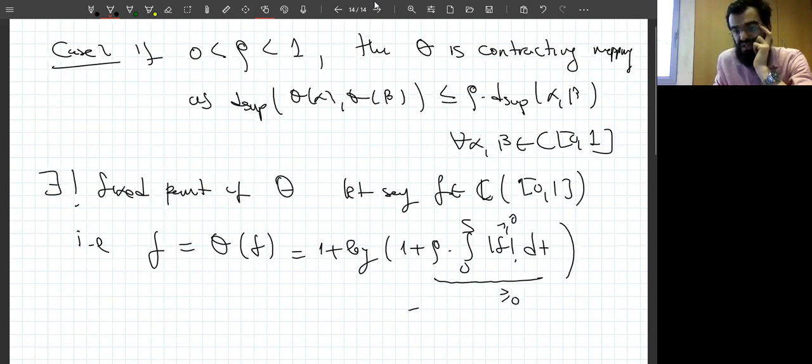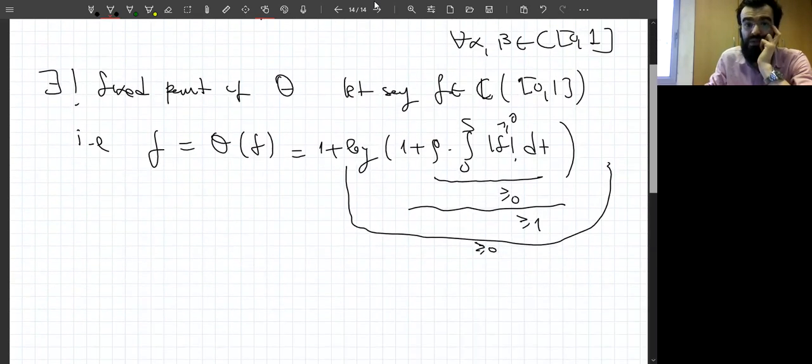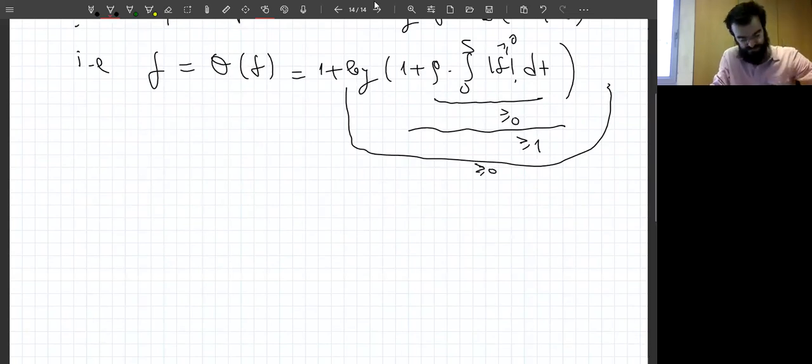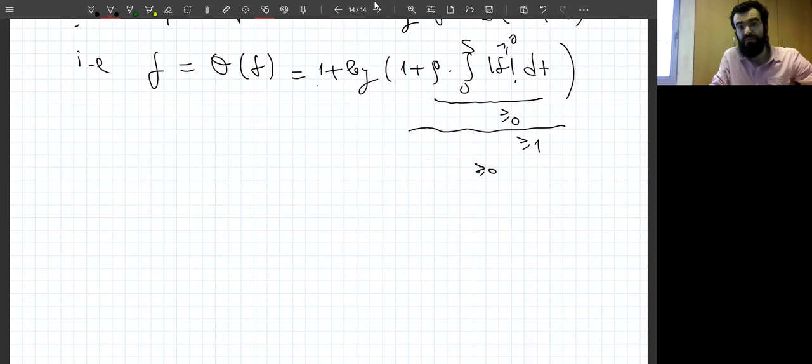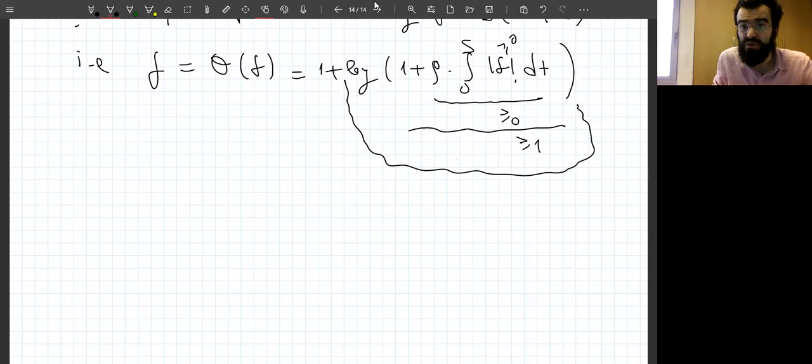So this thing is greater than or equal to 0, and the whole thing is greater than or equal to 1, which implies greater than 0.